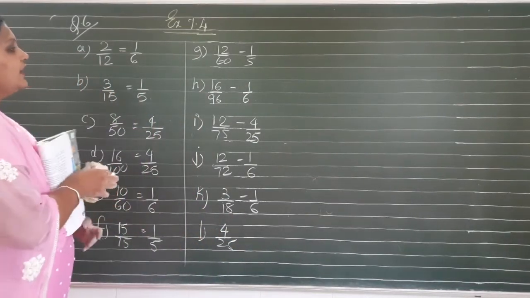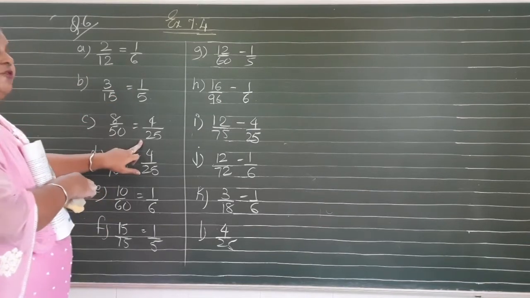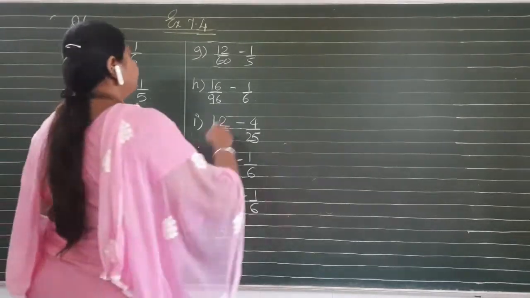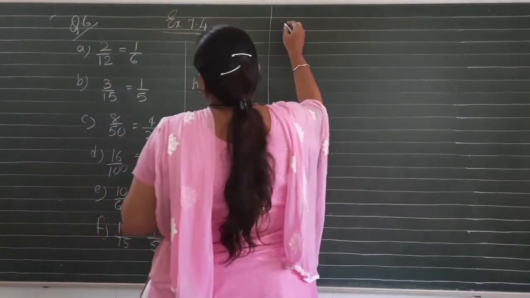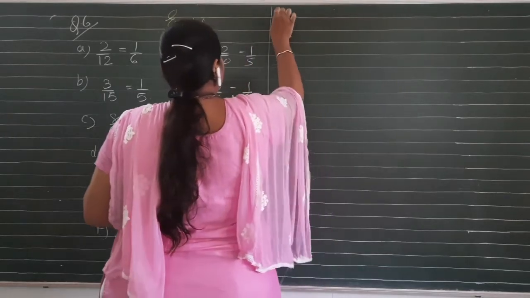Now here we are getting 3 different answers: 1 upon 6, 1 upon 5 and 4 upon 25. Let's make groups. Very first we will take 1 upon 6. First group, 1 upon 6.